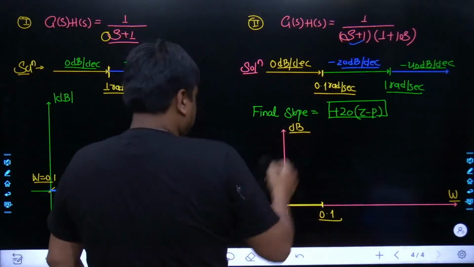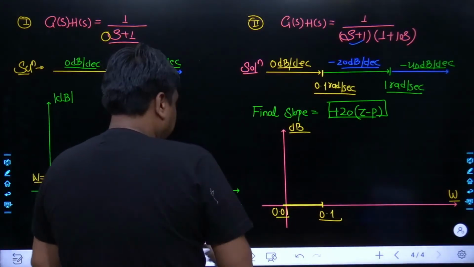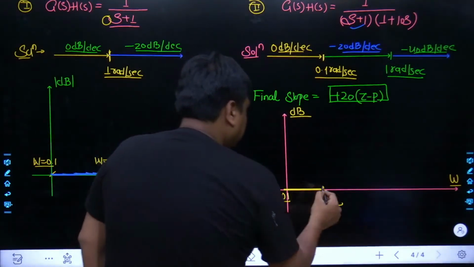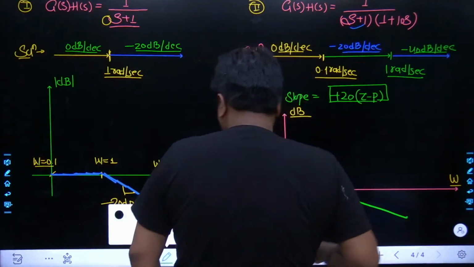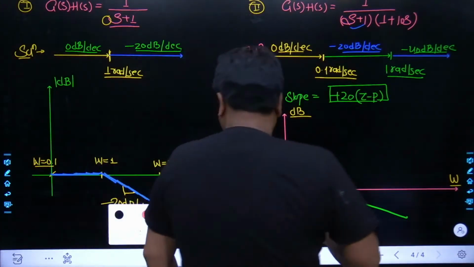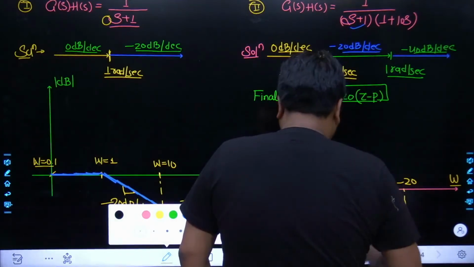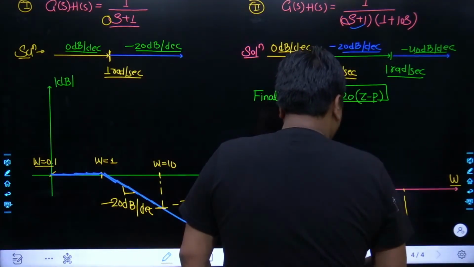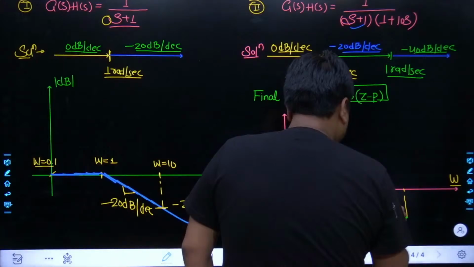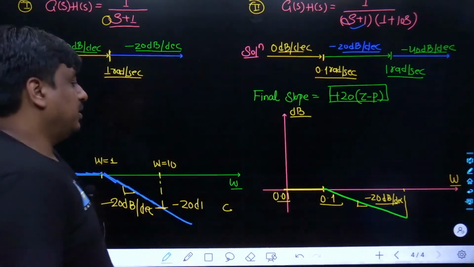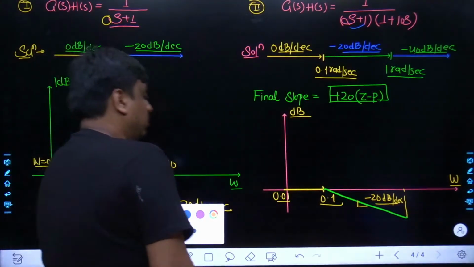And from here onwards, the slope changes from 0 dB per decade to minus 20 dB per decade. So from here onwards, the slope has changed its value. It has become minus 20 dB per decade. And once we reach 1, what happens?